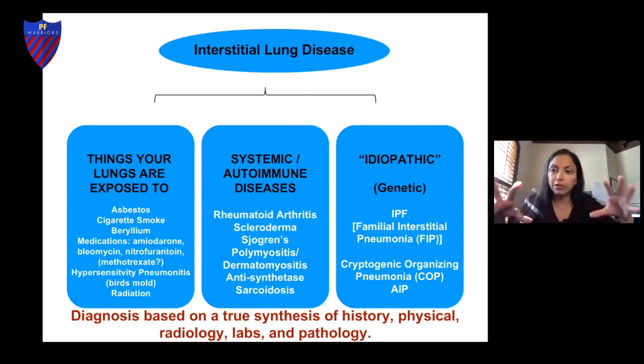So what this slide is really trying to give you a sense of is that the diagnosis, and a physician putting you in one of these three categories, is really a synthesis of our history, talking to you, physical exam, radiology findings, labs, and pathology, because different kinds of lung diseases in these bins have distinct lab findings, often have distinct radiologic features, so different patterns on the CT scan, and when biopsied, that can really help. If we have tissue to look at, it can help us put you in one of these three bins.